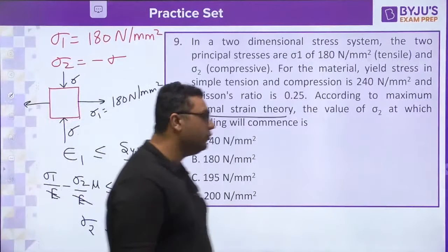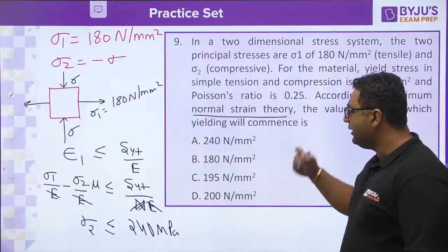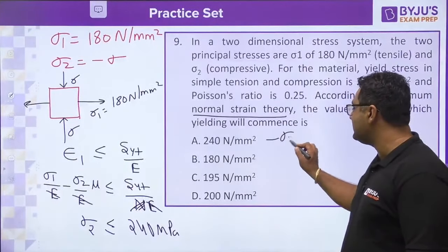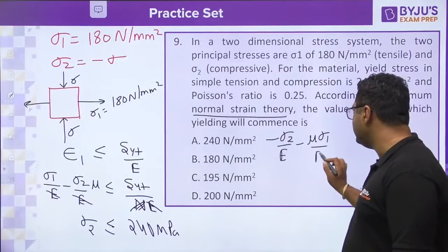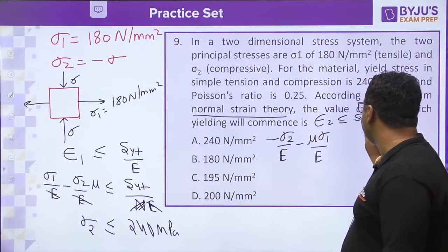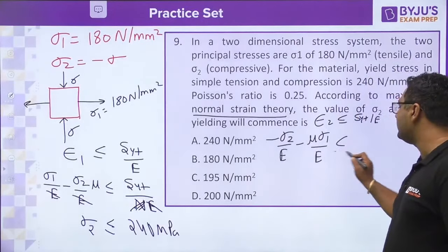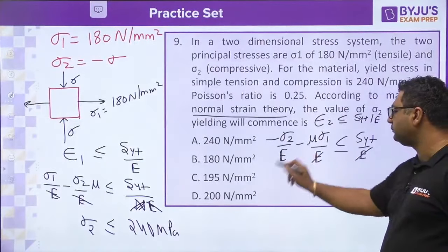And then you will be checking for the second case. If you go for minus sigma 2 upon E minus mu times sigma 1 upon E, this is epsilon 2 less than or equal to SYT upon E. So when you go for this, E will get cancelled out.